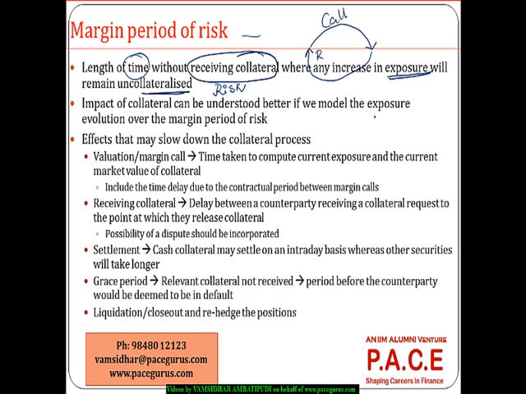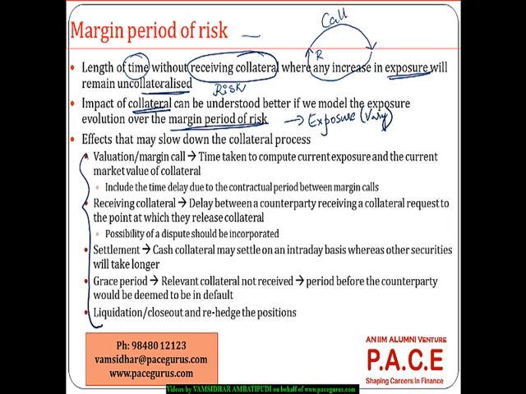So, to understand the concept of collateral better, even in this margin period of risk, how is the exposure going to vary during this period, how many days is it going to take, that entire thing I have to really understand.